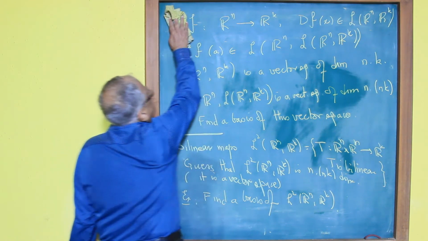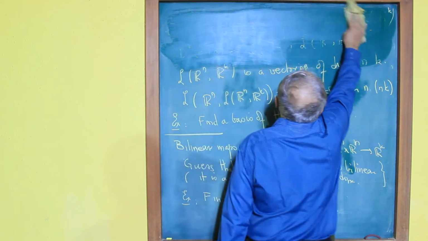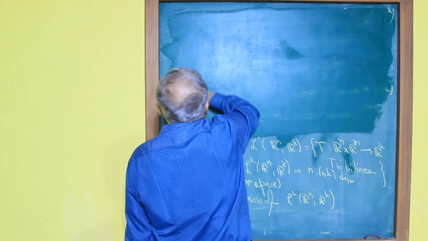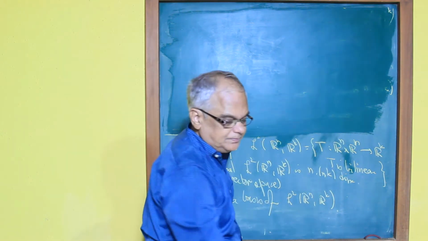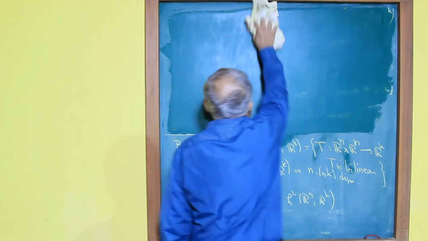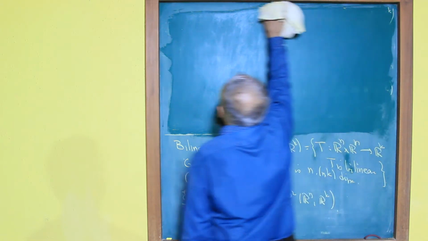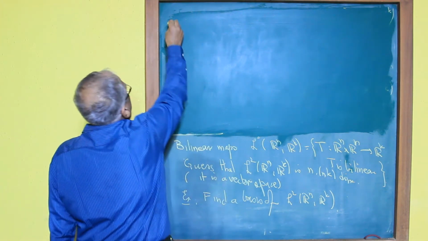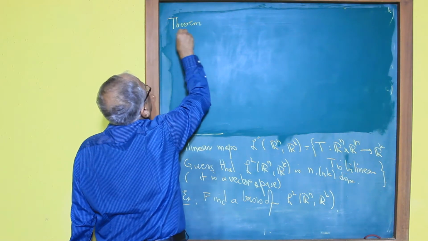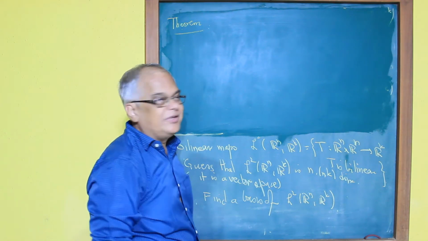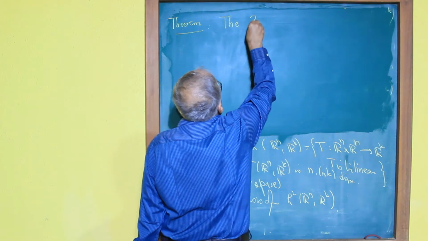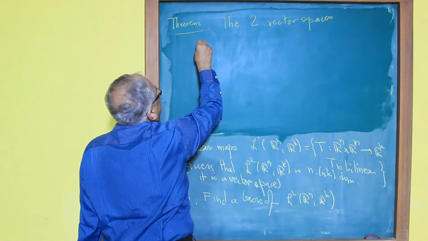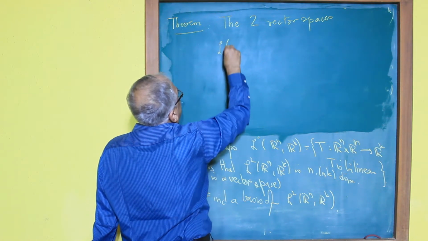So we'd like to prove a theorem about two vector spaces.